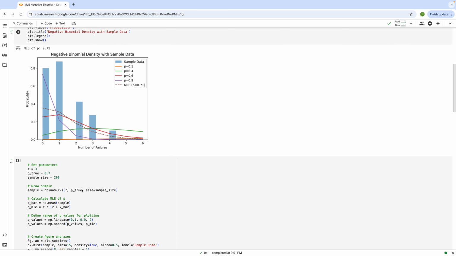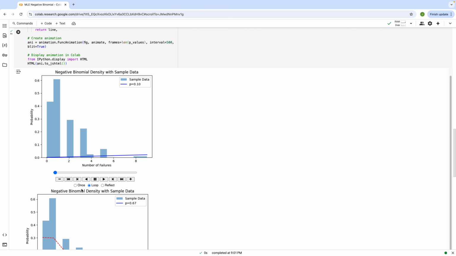Here, having a large number of trials or number of failures is a lot less likely, whereas with the red one, we might expect to see something in 5, because that's not as close to 0 as the dashed one is. And that's why the dashed one is the maximum likelihood. It's more consistent across the board.